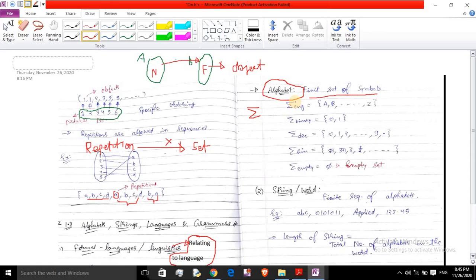So the alphabet of the English language will be A, B up to Z in uppercase, or it is also possible in lowercase, a up to z.